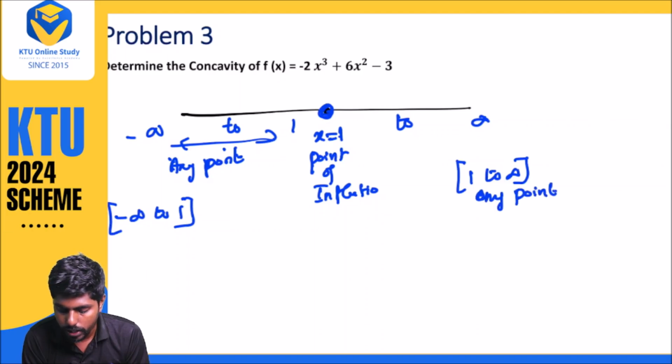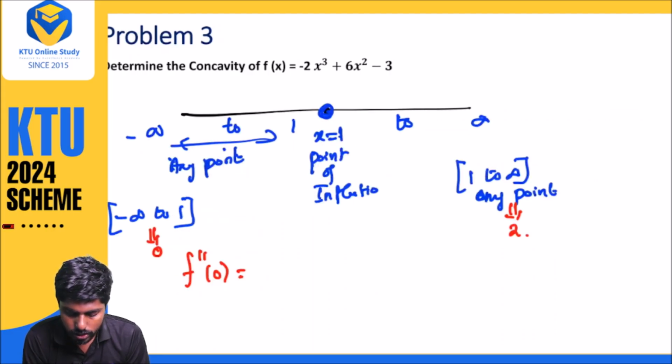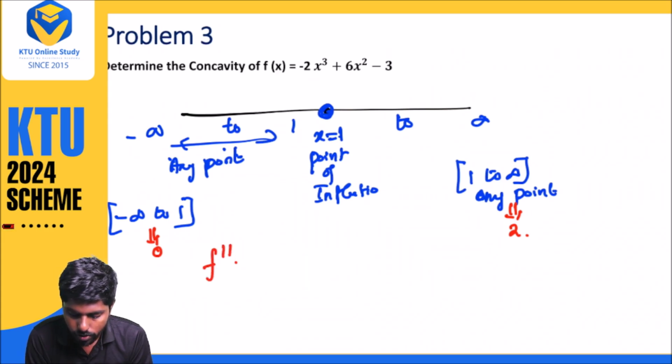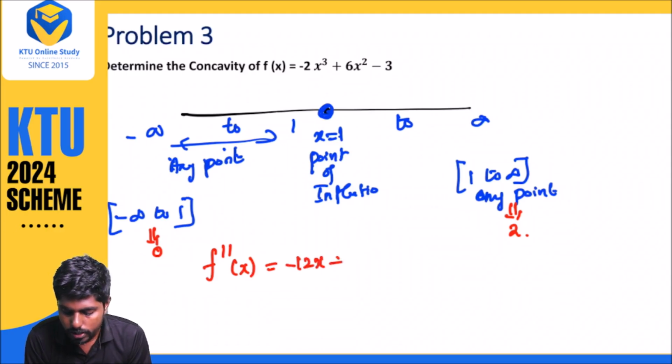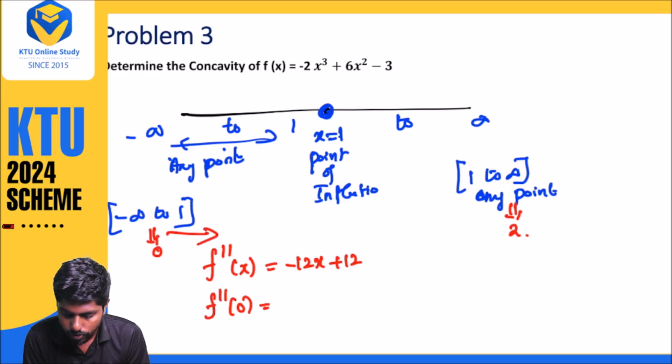What will you get when you substitute? I am taking 0 in the first interval, and 2 in the other. Our f double dash of x is equal to minus 12x plus 12. So f double dash of 0 is equal to minus 12 into 0 plus 12.